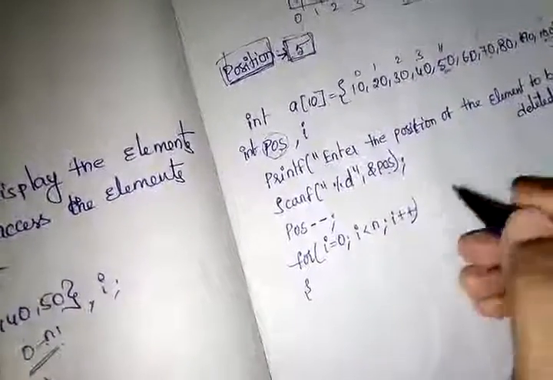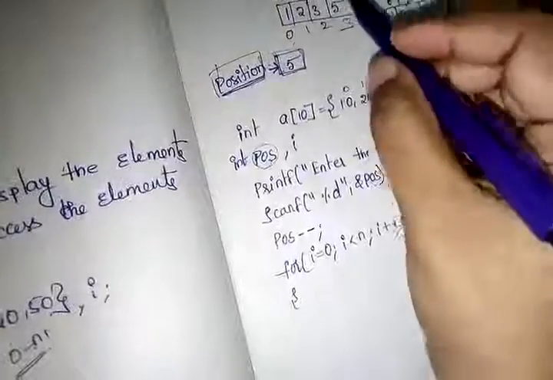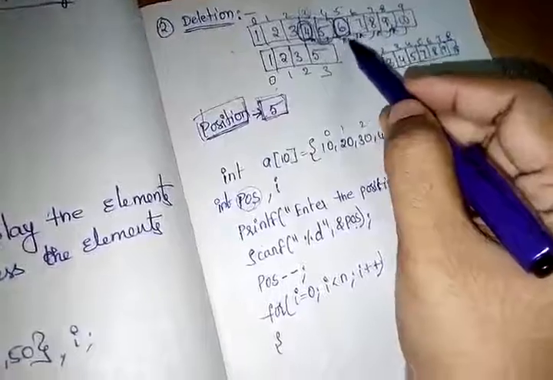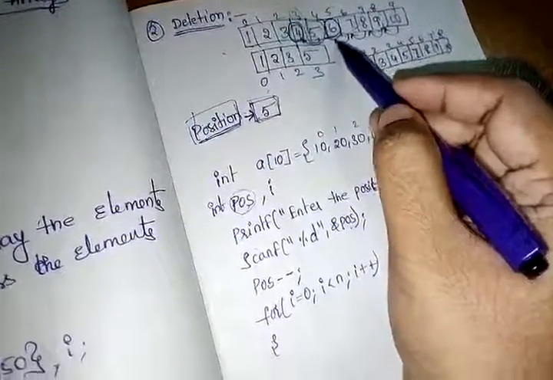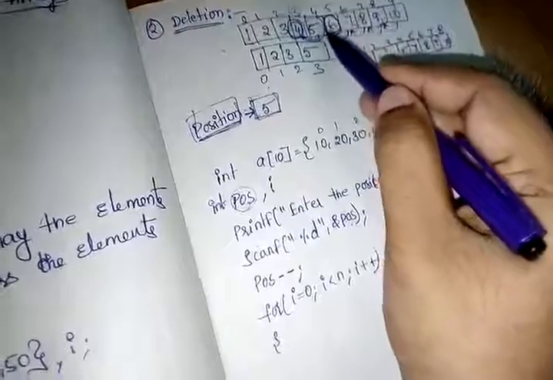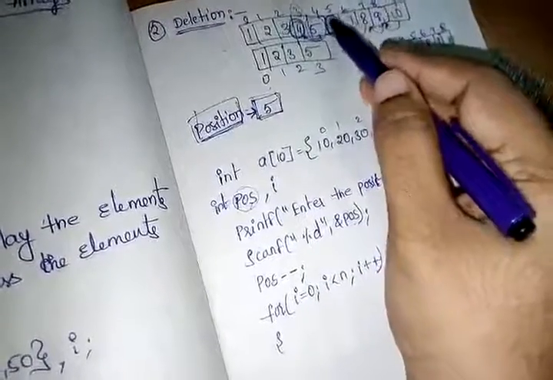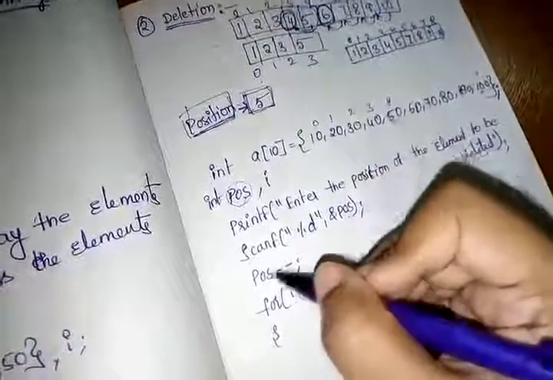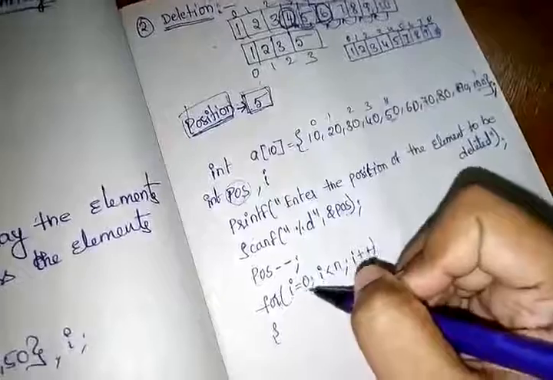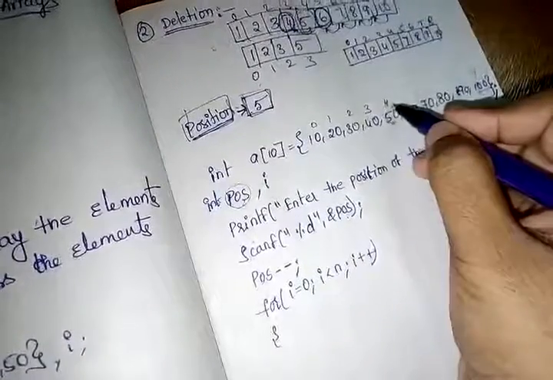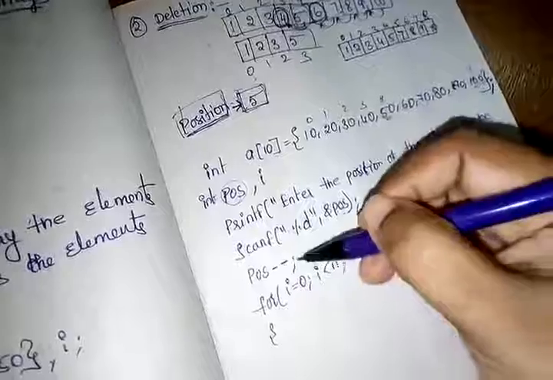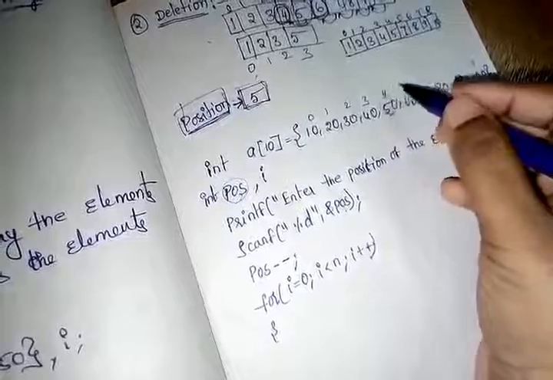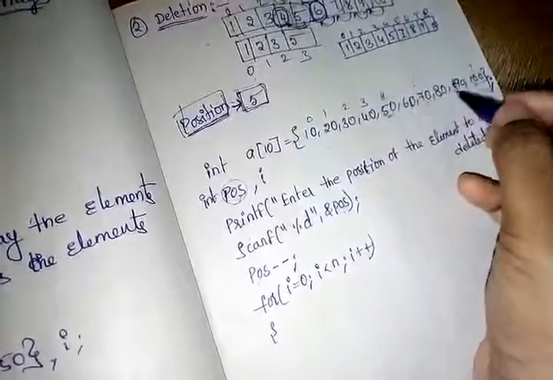see here, if you observe, we are going to move the elements one position before their index when we meet the index that matches the position given. So now if I want to delete element 4, if my index value is equal to 4, then the elements after that position index I need to move to the front.